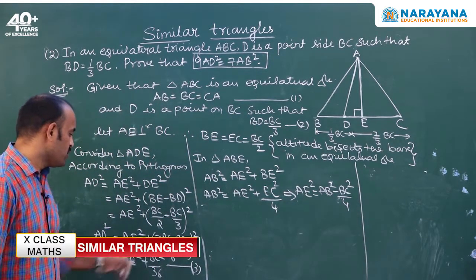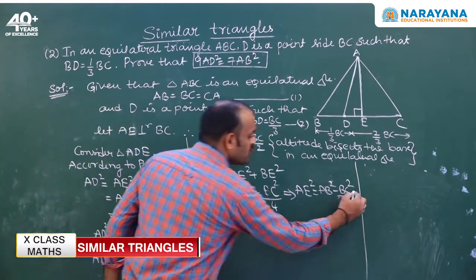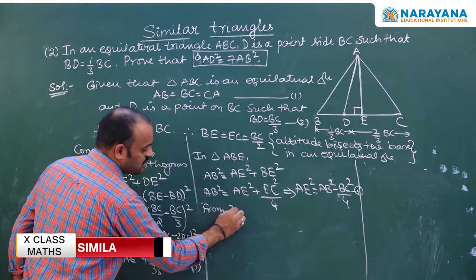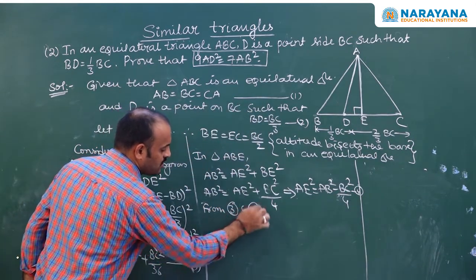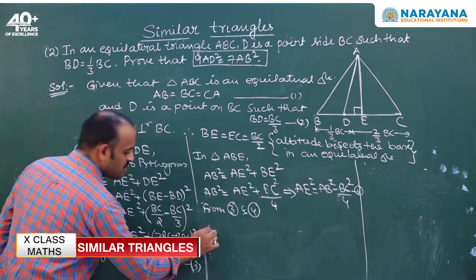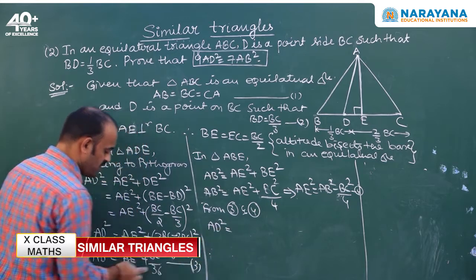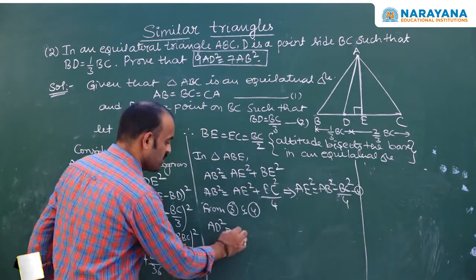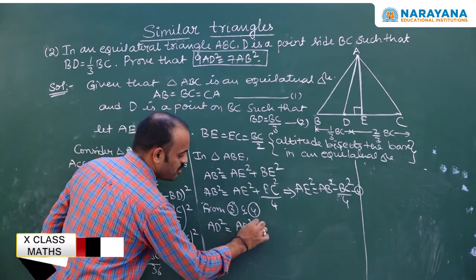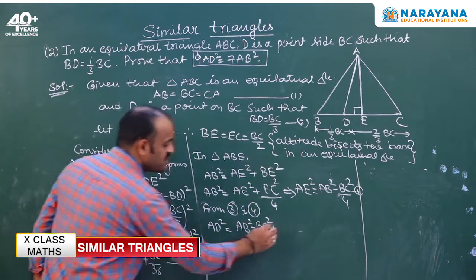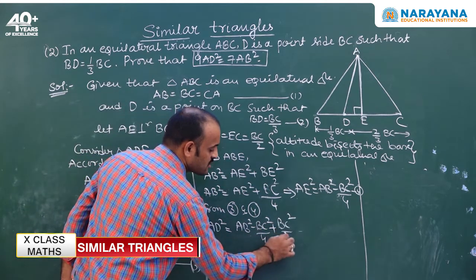Now, from 3 and 4, here I have 3 and this is the fourth one. Instead of AE square, I can write AB square minus BC square by 4, plus this BC square by 36.